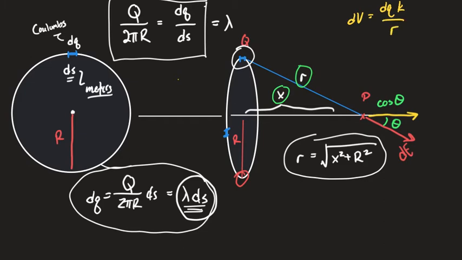And it's not a vector. Remember, we've proved the electric potential for a point charge is just kQ over r, and it's not a vector quantity, so you see no r hat there.